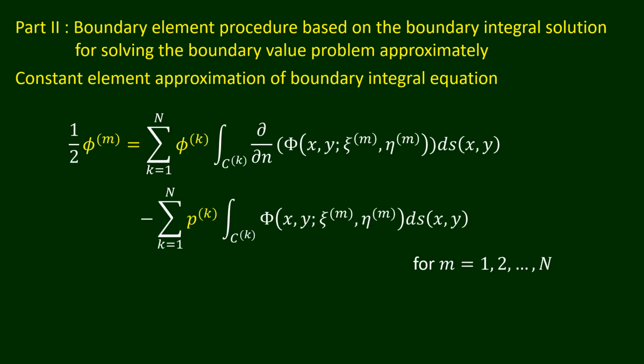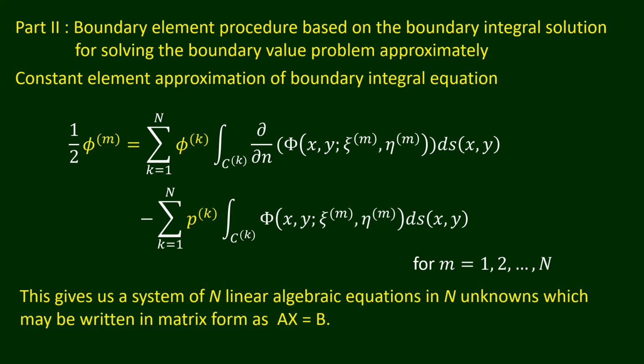We obtain a system of n linear algebraic equations in n unknowns. We may bring all terms containing the unknowns to the left side, and all other terms to the right side, in order to write the equations in matrix form, A x equals b, where A is a known n by n matrix, x is an n by 1 matrix containing the unknowns, and b is a known n by 1 matrix.